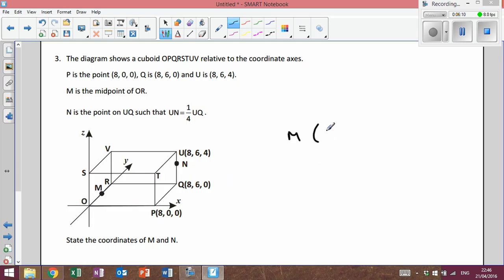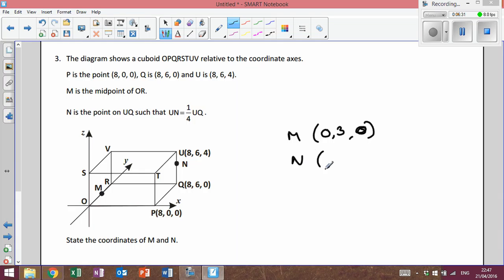Well, for M, it's not going along any. Going back, it's going half of the way back because it's the midpoint of that line. The whole thing goes back 6, so for M, it's going to go back 3. And the point is not going any up. So 0, 3, 0.